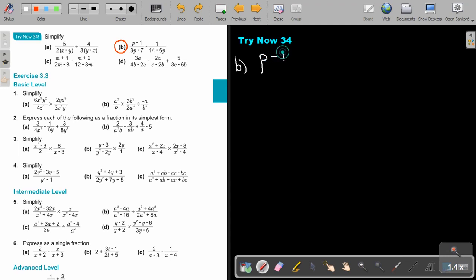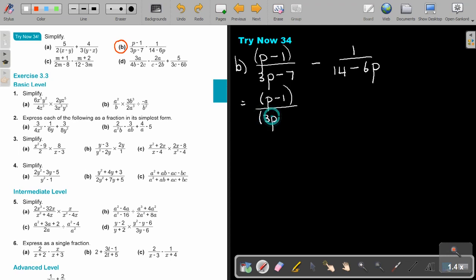So you have P minus 1 over 3P minus 7 minus 1 over 14 minus 6P. Okay, now in this case, put brackets there. There I'm going to take out a common factor. So it's P minus 1. In this case, I cannot take out a common factor. So it's just 3P minus 7.